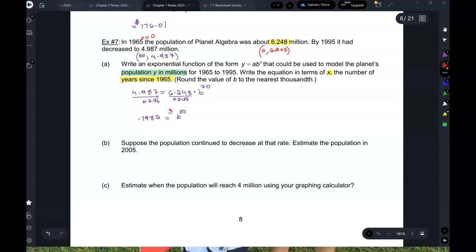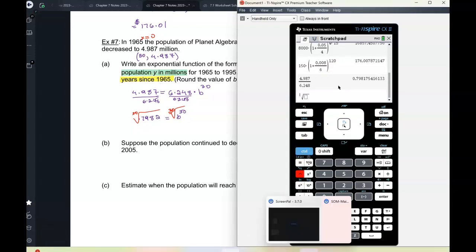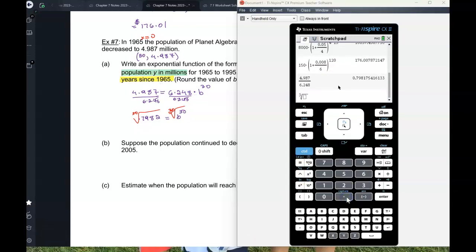Let's take the 30th root, and the calculator does it for us. So I'm going to do 30th root of the answer. Enter. So B is 0.9925.